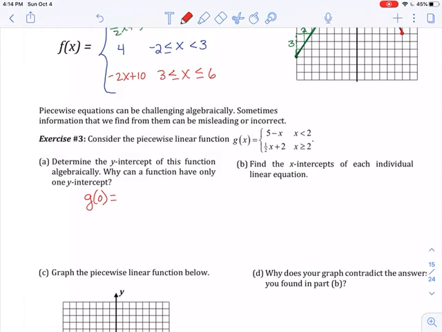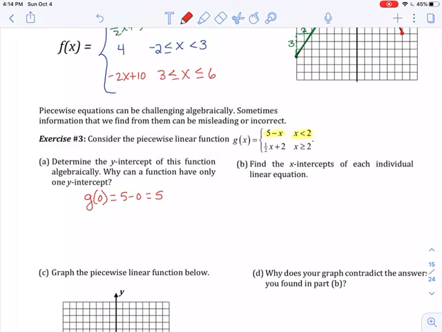So to find my y-intercept, that is g of 0. Now which equation am I going to use? I'm going to use this one right here, because this is where x is 0. The x is less than 2, so I use 5 minus x. So I'm going to use 5 minus 0 equals 5.